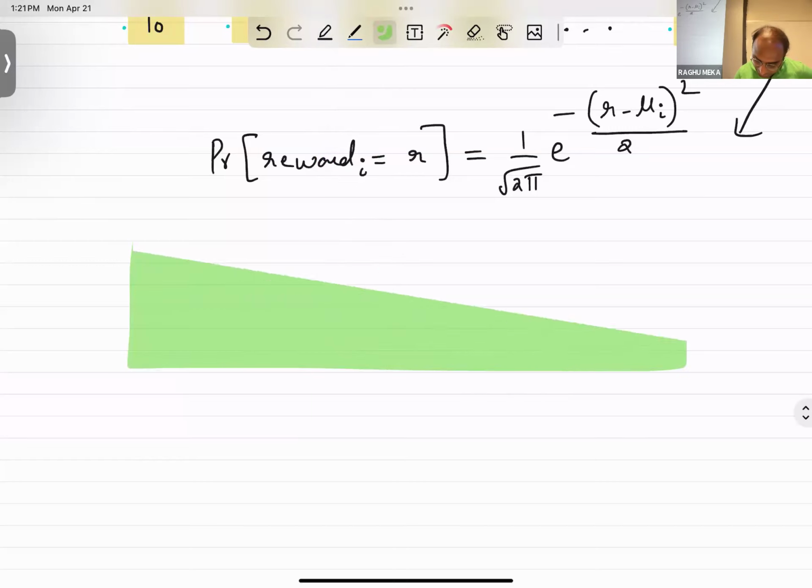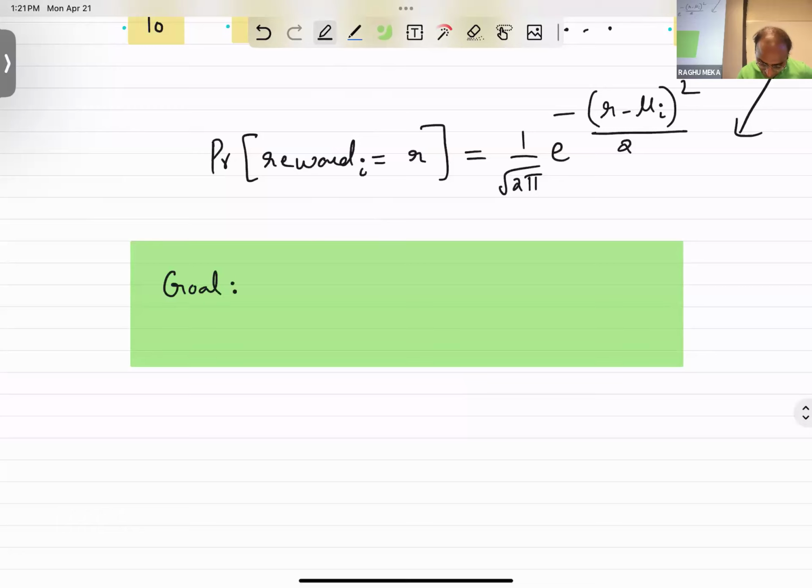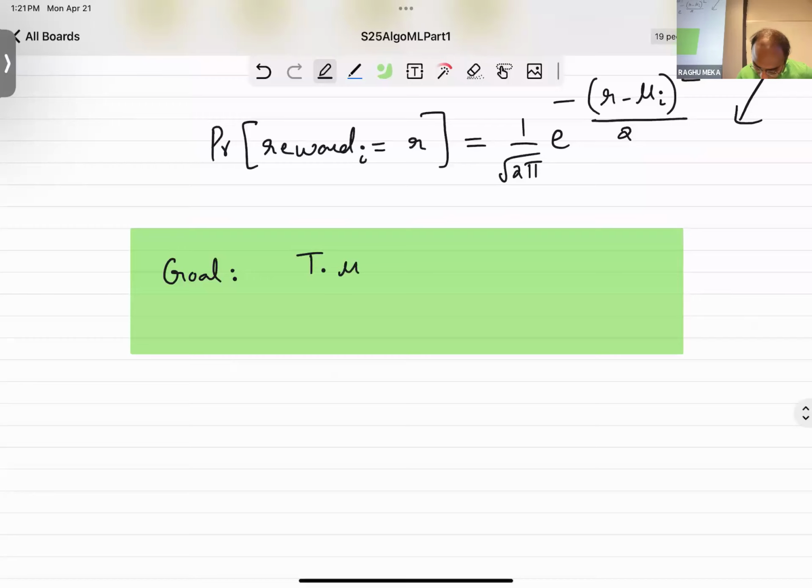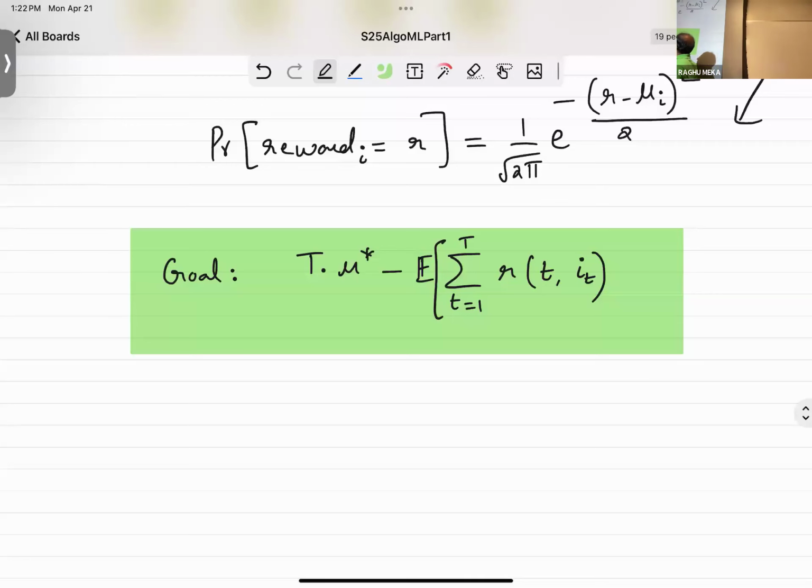The goal is to minimize the gap between the reward we see on day t for the choice that we pick and the best possible reward.